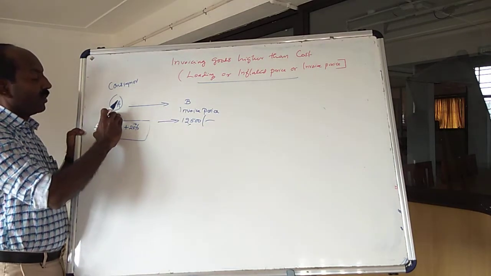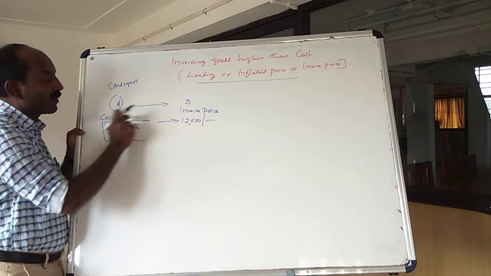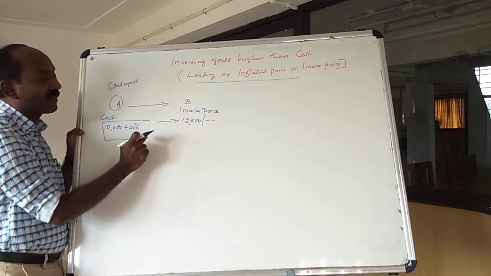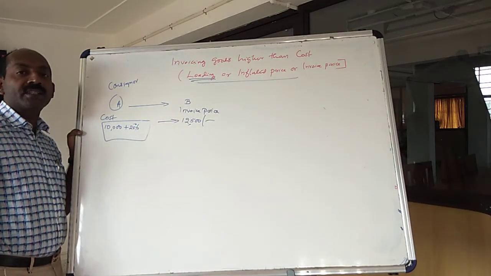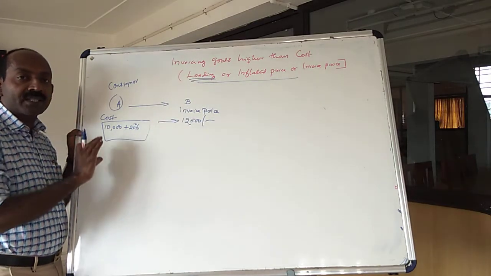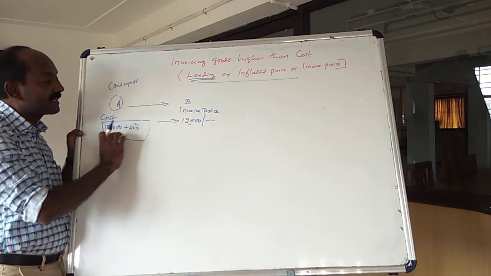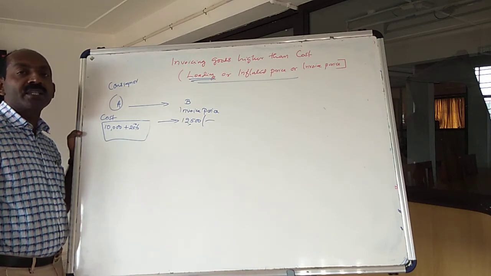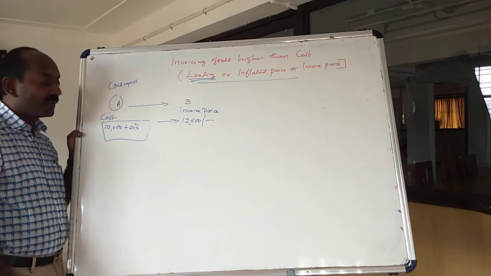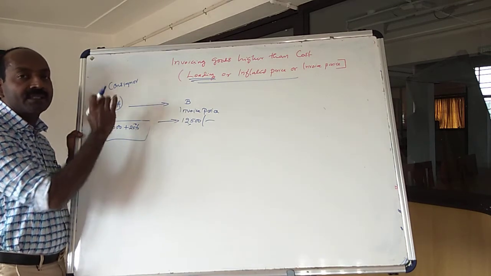The difference between cost price and invoice price is called loading. What is loading? Loading is the difference between cost price and invoice price. In this case, cost price is 10,000 and invoice price is 12,500, so loading is 2,500. Loading is the profit that is added.